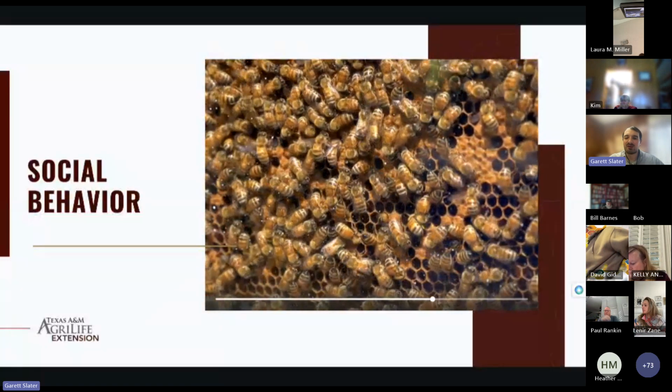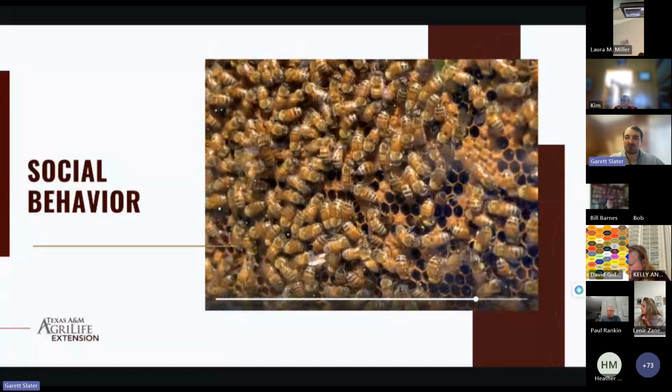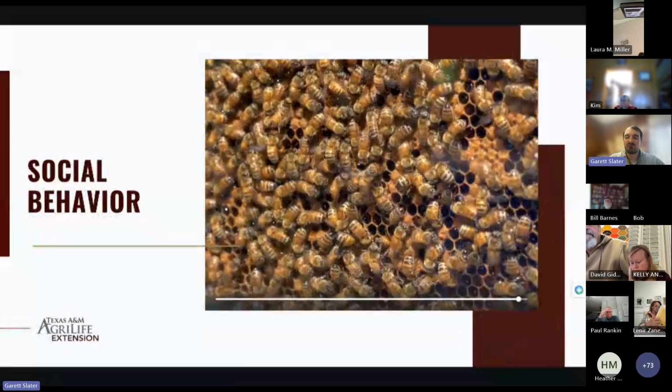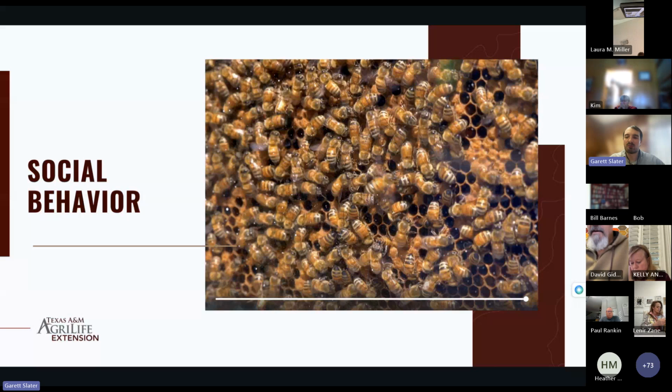The workers basically gave up their entire reproduction, their ability to pass genetics to the next generation, for the betterment of the colony. They're all working together in what I like to call a social organism. They perform different tasks, but work in conjunction for the colony, whether that's growth, survival, honey production, and so on.